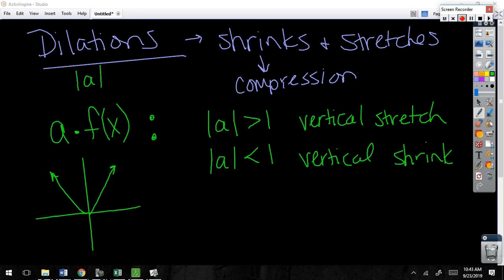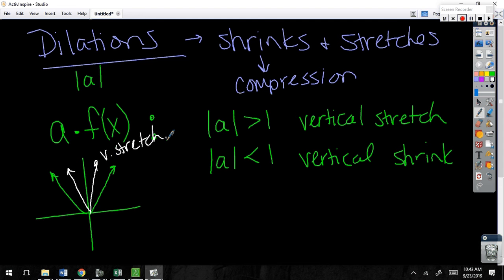Great. Okay, so a vertical stretch on this would look like this. Even though it's saying stretch and you're thinking stretch means bigger, I'm talking about a vertical stretch, which means I'm stretching out.